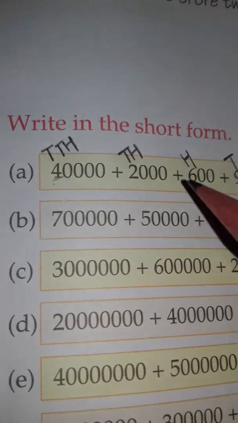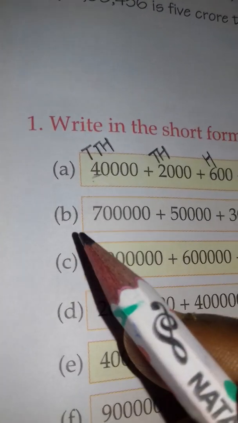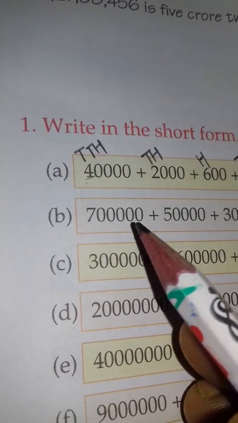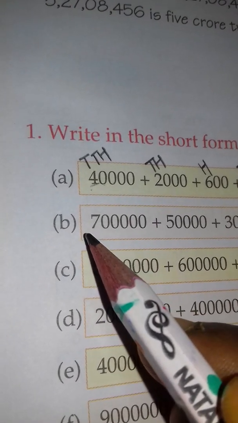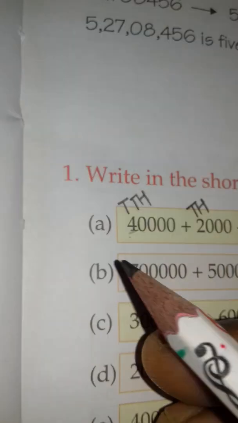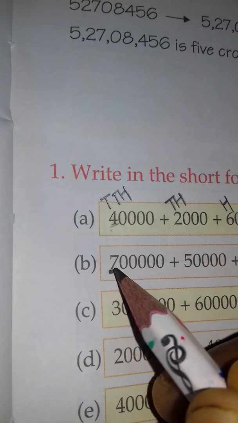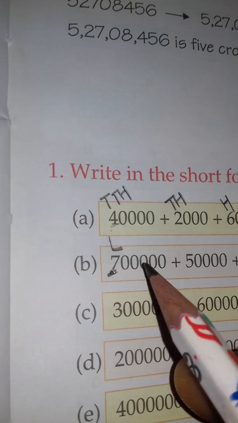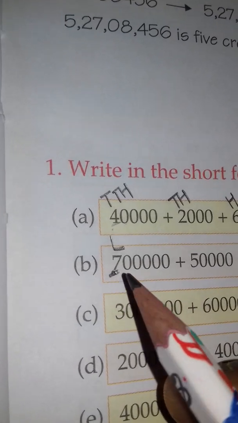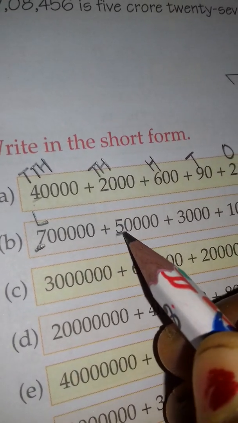Similarly, let us see the next number. We will see the places of the given digits. The B1 is given first, ones, tens, 100, 1000, 10,000, lakh. So 7 at the lakh place. And what is the place of 5?